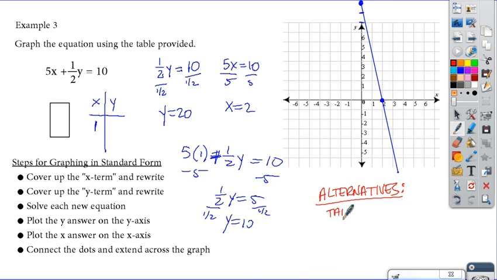We have a table, we have shortcuts, so y equals, and we have standard form. When one of these options doesn't work, you simply move on and try a different option.